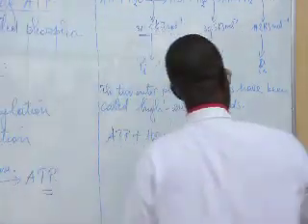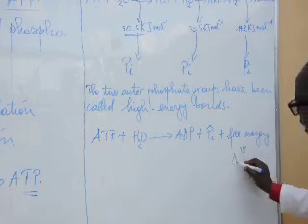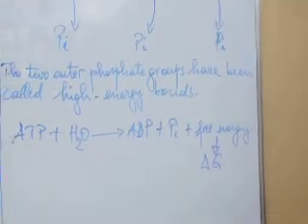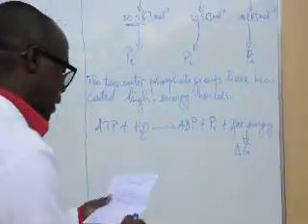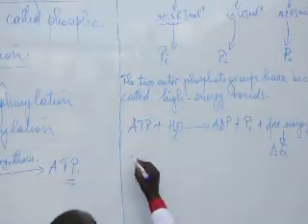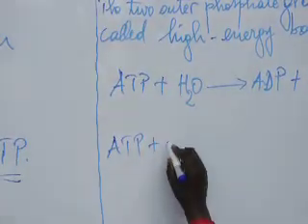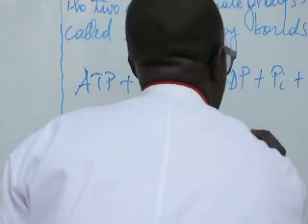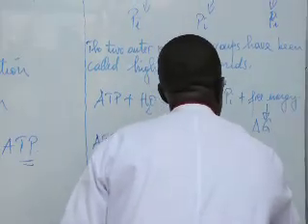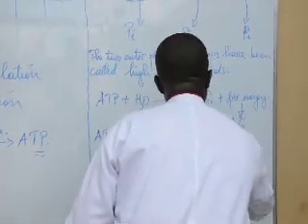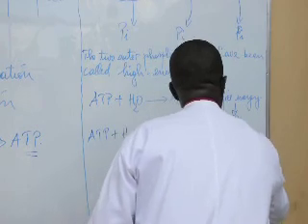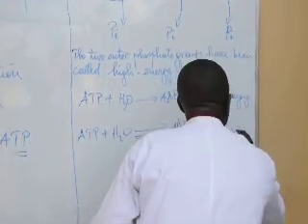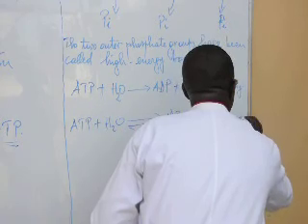This free energy is symbolized by delta G. It is reversible: ATP gives ADP plus inorganic phosphate plus free energy, 30.5 kilojoule per mole.